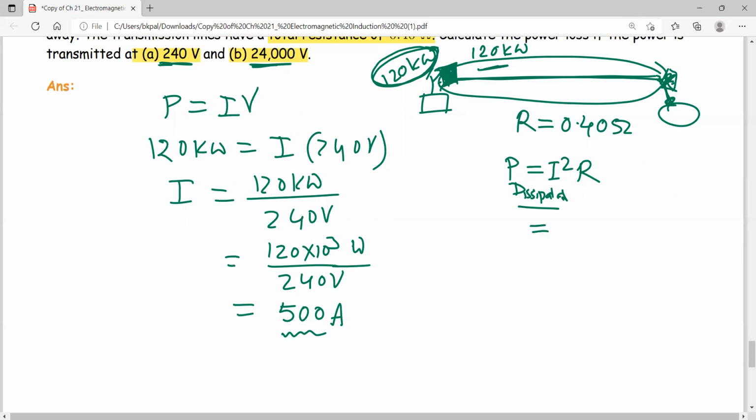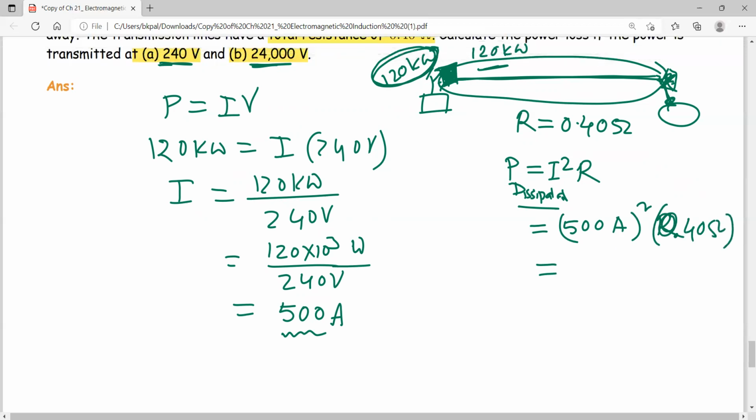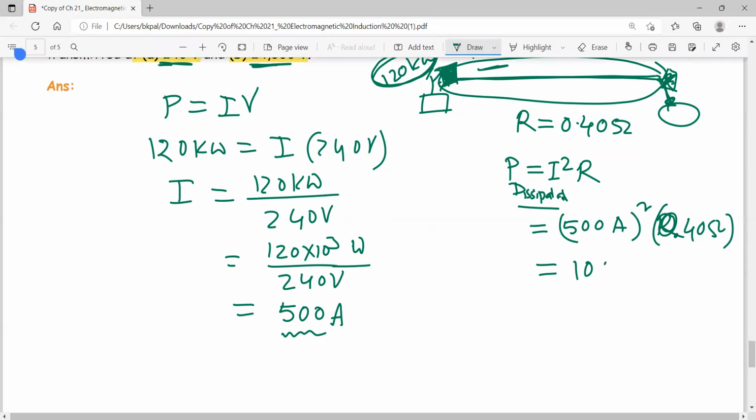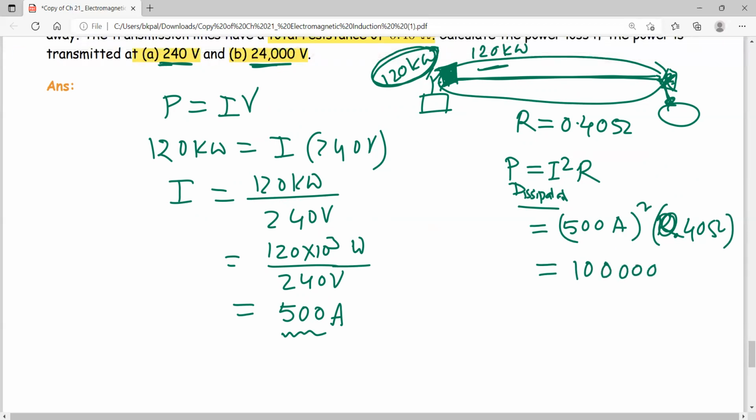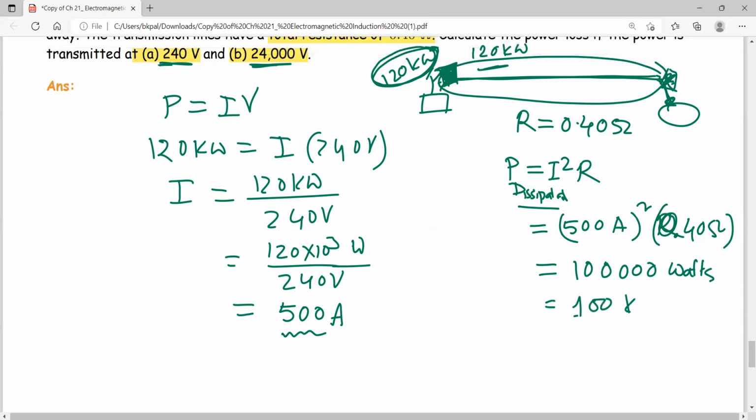Then if I plug it here, 500 amp squared times R, where R is 0.4, and use your calculator, you will see that we get something like 100 kilowatt.